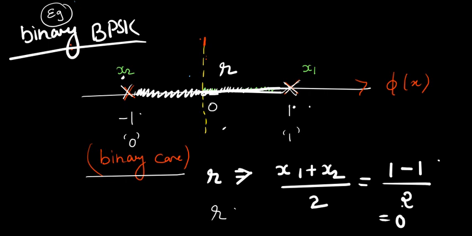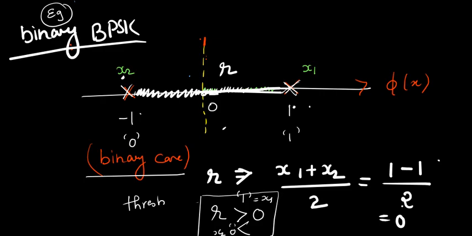So if the R you receive is greater than 0, then you decide in favor of logic 1 or x1, otherwise you decide in favor of logic 0 or x2. So this will become a threshold detector. Simple. In case of binary, your minimum distance decoder is a threshold. Now you don't need to find out the distance, you can just compare your R with the threshold. Yes or no?